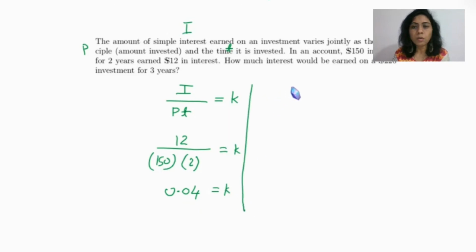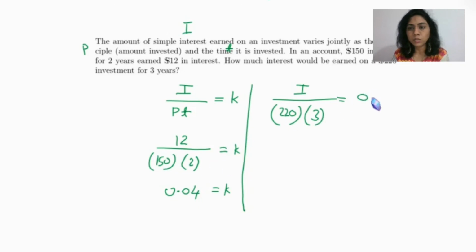Okay. Now, here it says how much interest would be earned on $220 invested for 3 years. So here, interest we don't know, we have to find out. Principal amount is $220, and time is 3 years. And what is the k value? 0.04.